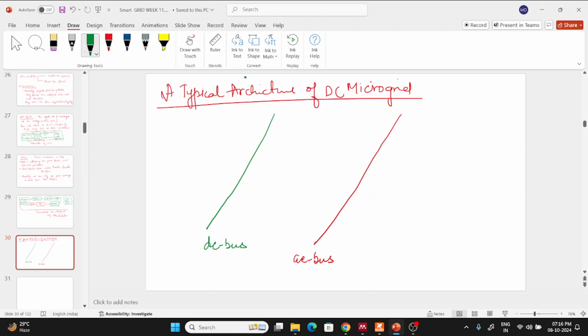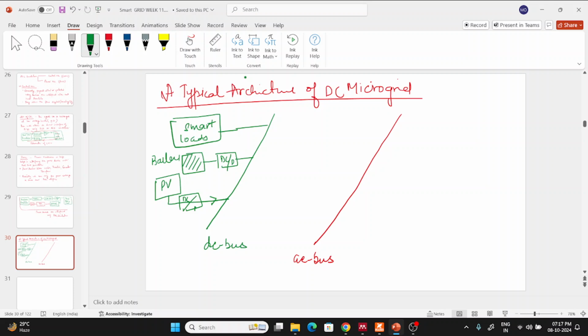this DC bus, there are smart loads which are DC in nature is connected. Okay, then comes the PV panels which are connected through boost converter to the DC bus. Then there are storages, battery, which is connected through DC to DC. I will draw it. Okay, and these are bidas. Then comes here a grid tied inverter.